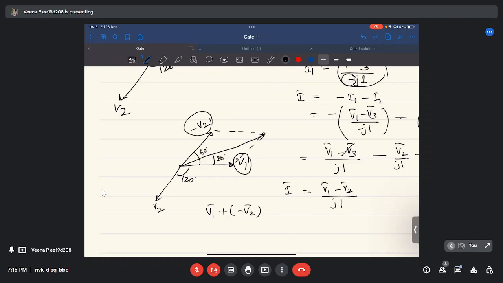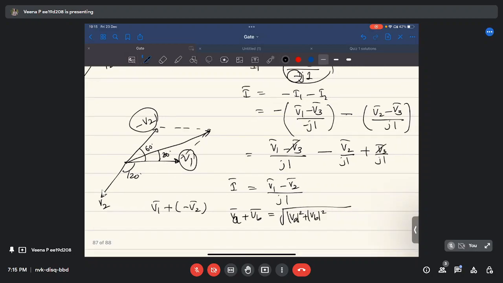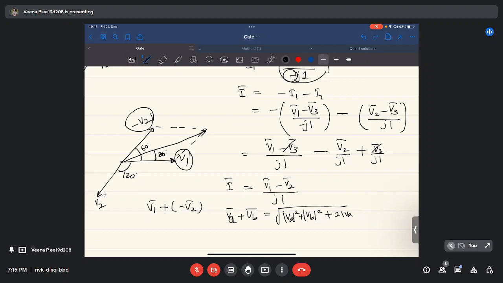The general expression for vector addition is: vector VA plus vector VB is nothing but root of magnitude of VA square plus magnitude of VB square plus 2 times magnitude of VA times VB cosine of the angle between them.